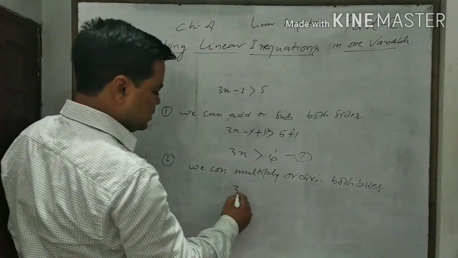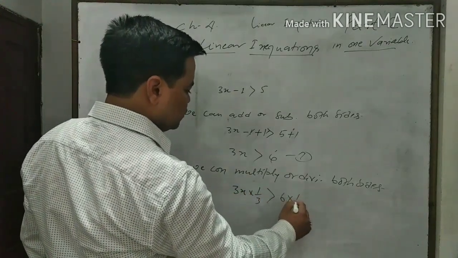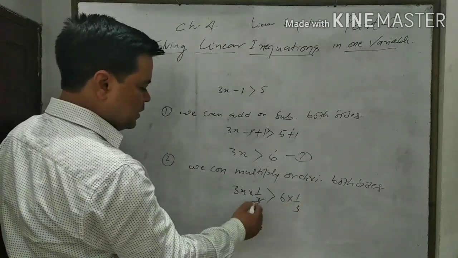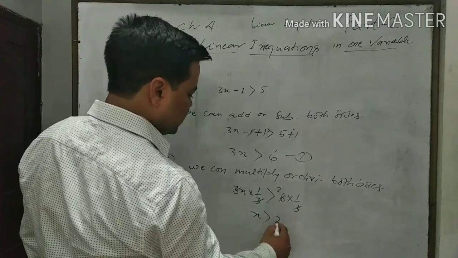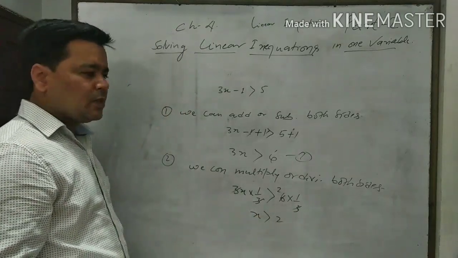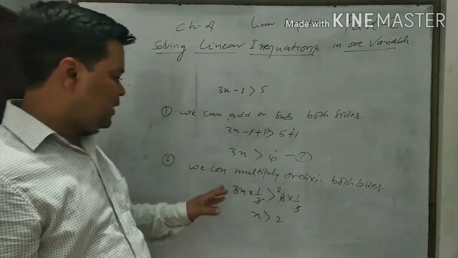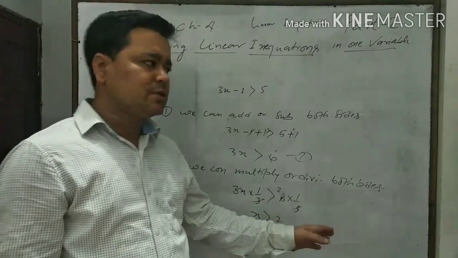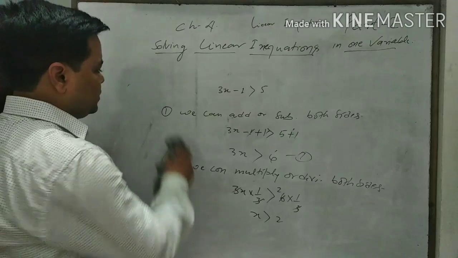Then 3x into 1 by 3, and here 6 into 1 by 3. Here 3 cancels, and here 3 twos are 6. Then the value of x is greater than 2. It means we can add or subtract both sides properly, and we can multiply or divide both sides. Then there will be no effect on the inequation.